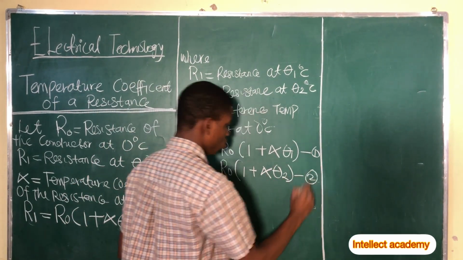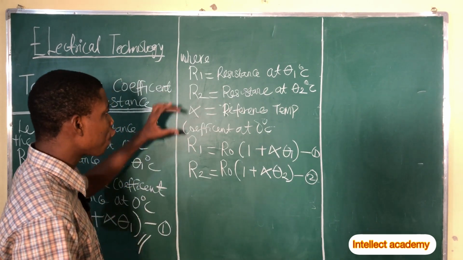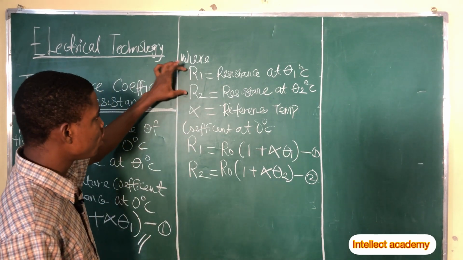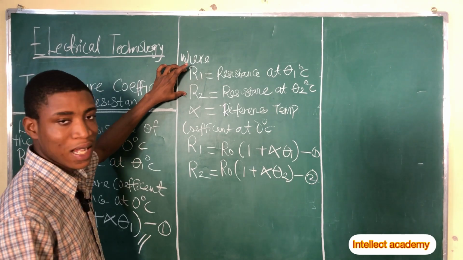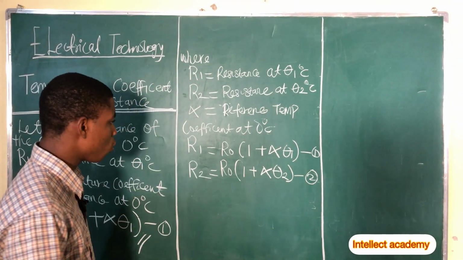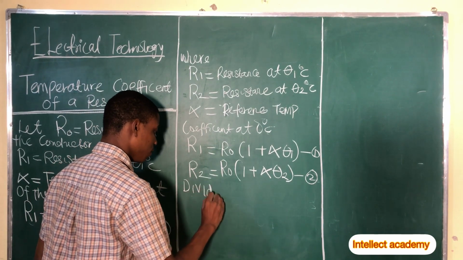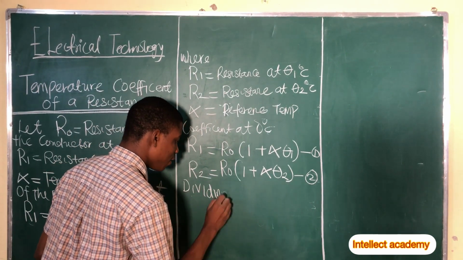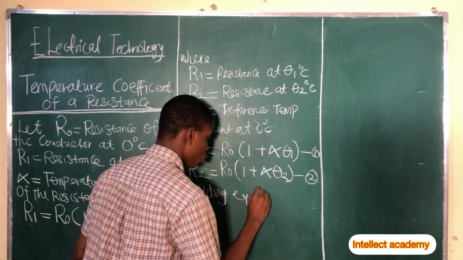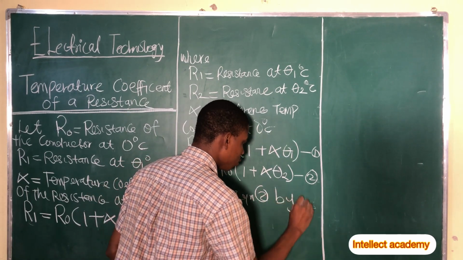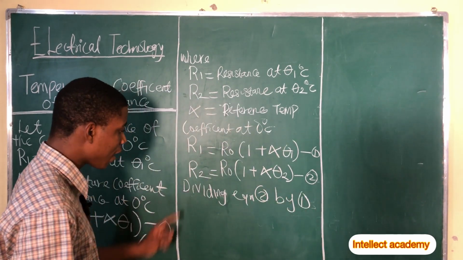This is going to be equation 2. Now, how do we find the relationship between these two resistances at two different temperatures? Now, take note. We are going to divide equation 2 by 1.